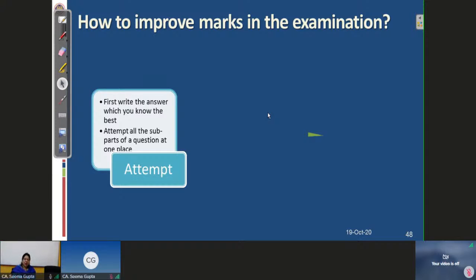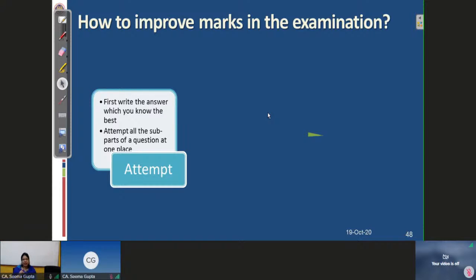Then attempt all the questions, all the sub parts. Attempt all the questions, don't leave any question, and attempt all the sub parts of a particular question at one particular place.